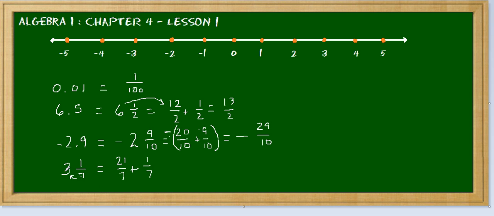Just 7 times 3 is 21, plus 1, well, that's 22/7. All right, and if we would have done it the long way by simply writing out 21/7 plus 1/7. But we could do that in our mind. Quick shortcut there. 7 times 3 is 21, plus 1 is 22/7.